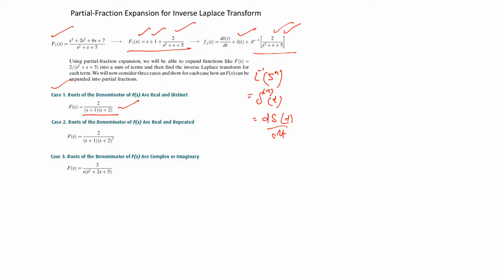Second, if the roots of the denominator are real and repeated, that is, s plus 2 raised to power 2. And third, if the roots of the denominator are complex or imaginary, which arises when we solve this quadratic equation. Now I will explain how all these cases are solved by partial fraction expansion to find the inverse Laplace transform.